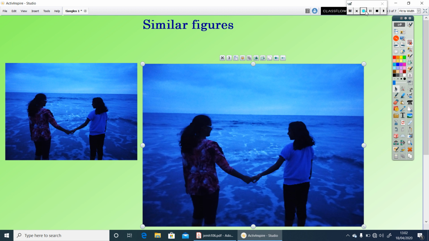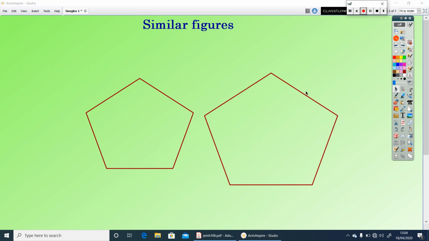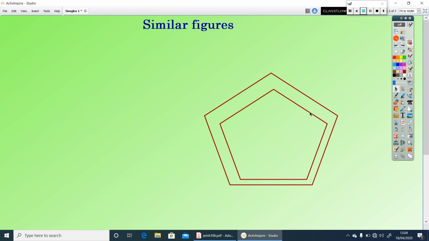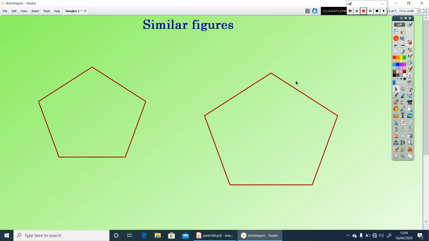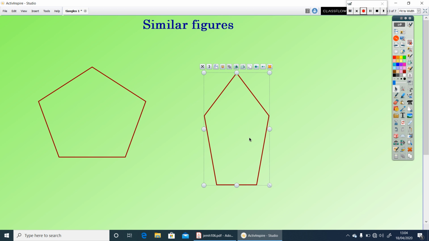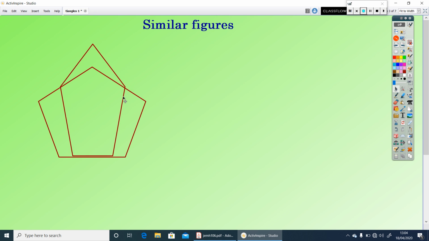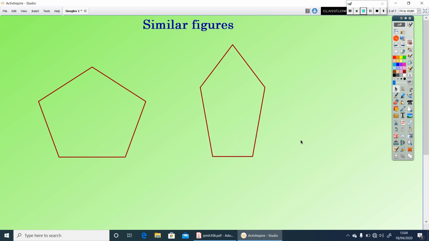Now let us go to the polygons. Now let me take two pentagons. Now keep one on the other. The shape looks exactly the same. So we can say these two polygons are similar. Now if I stretch in this way, will it be similar? Let us check. It won't be similar. It does not look the same.